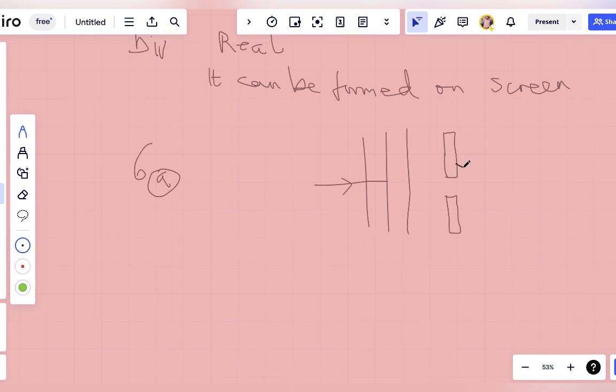They will be diffracted like this, and the wave will move in this manner.